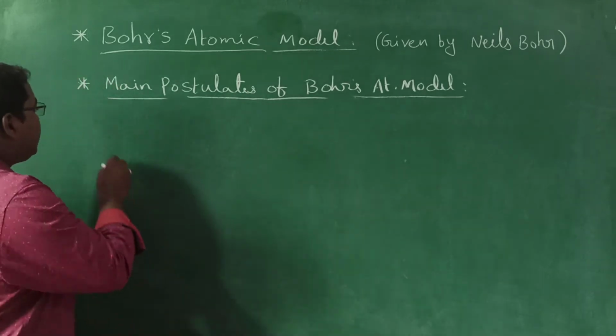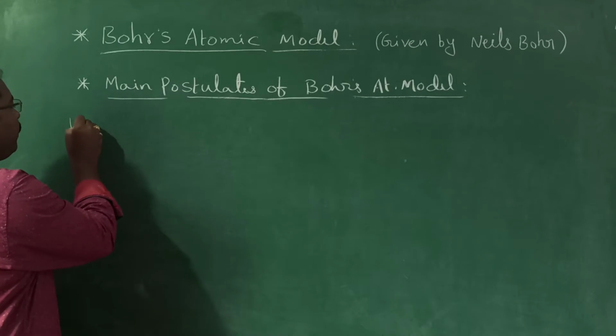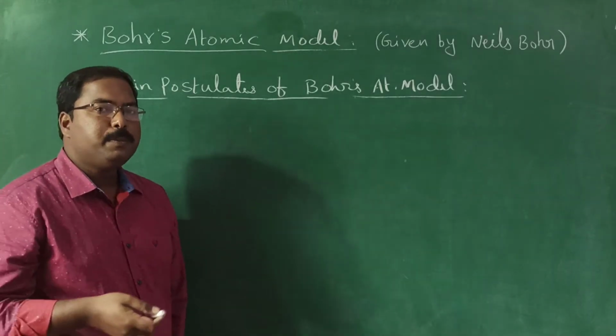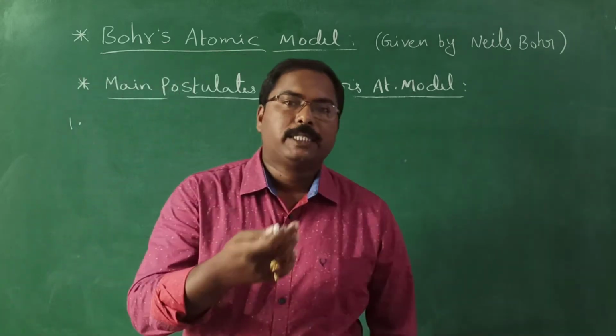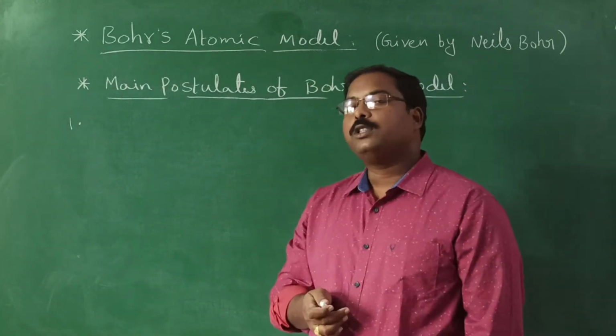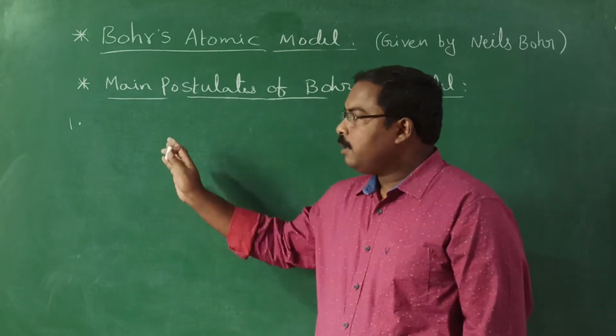Coming to the first postulate of Bohr's atomic model, in the starting I told you this model was given mainly to overcome the drawback of Rutherford's atomic model. Let us discuss this.